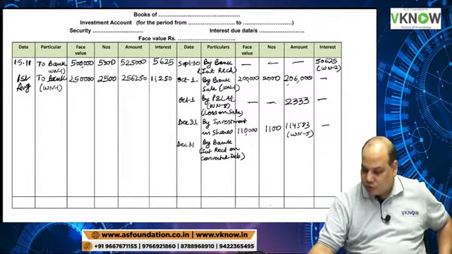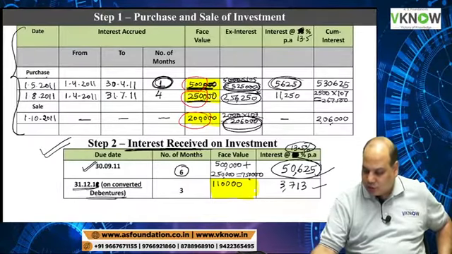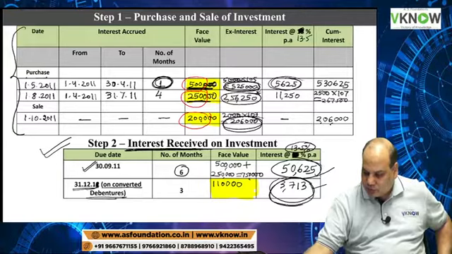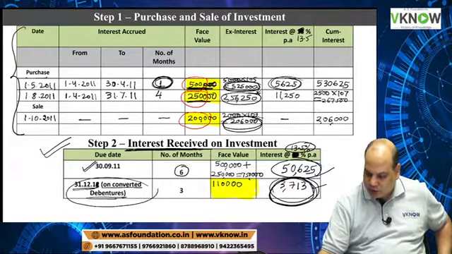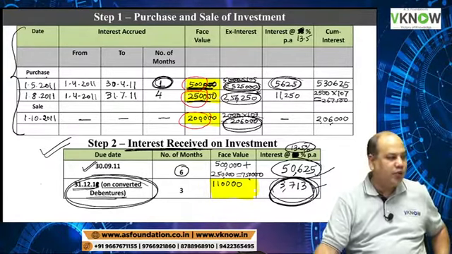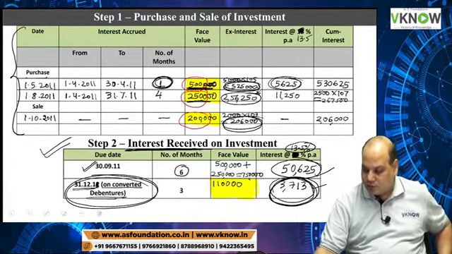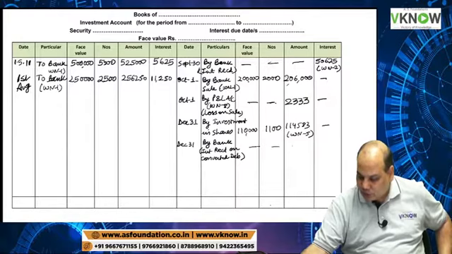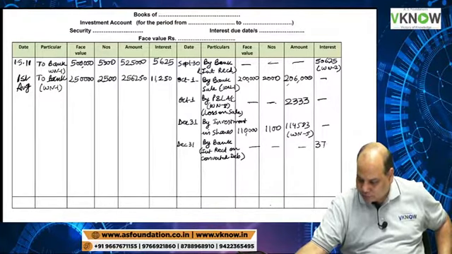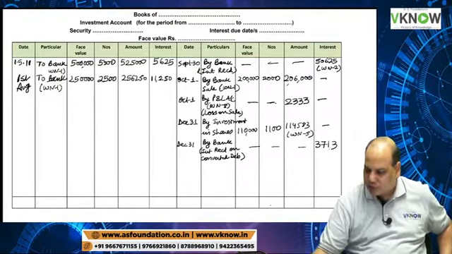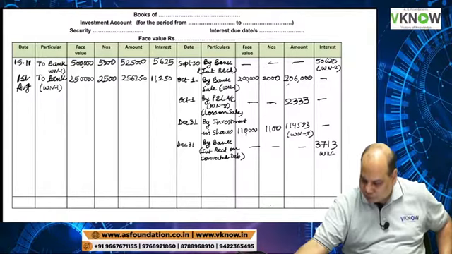For that you have to go to working note 2 on the screen below. 3713. I have written here interest received on converted debenture. So you will write in interest column 3713, working note 2.